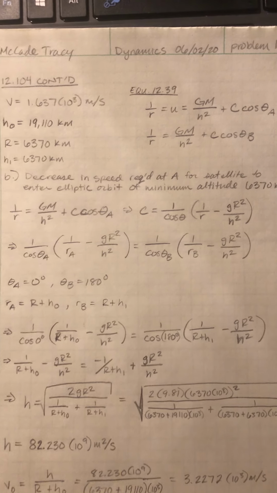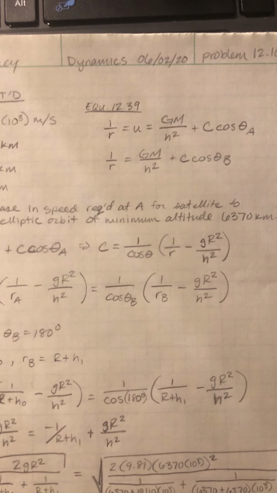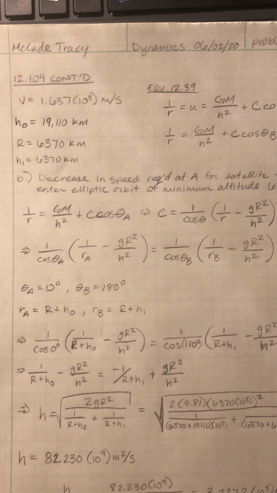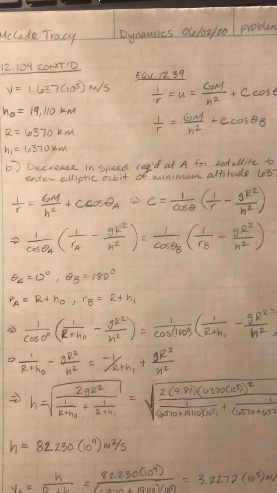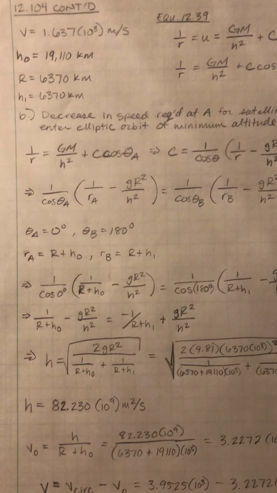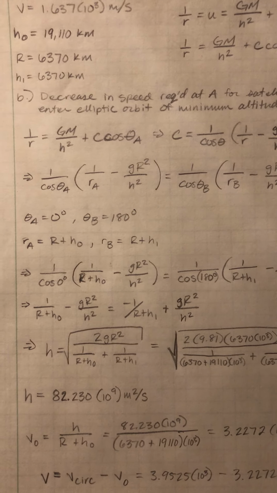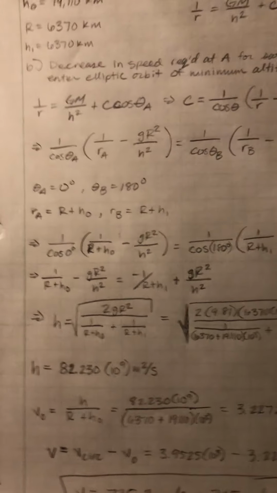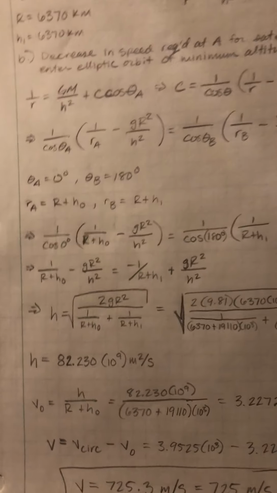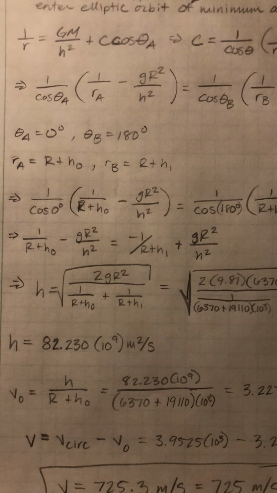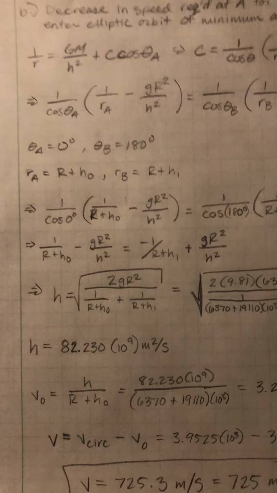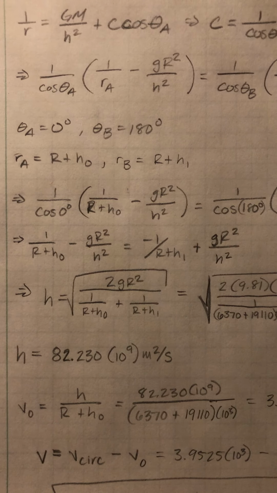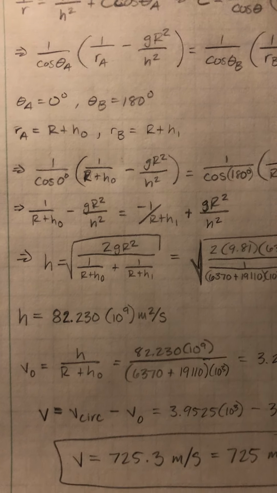We are given these two equations from the book, and manipulating them and plugging in the values that we know, we're able to determine the height h at 82.230 times 10 to the 9th meters squared per second.